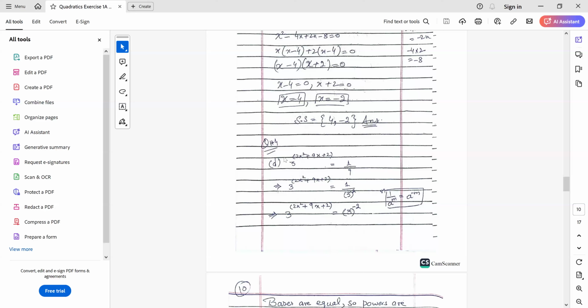Okay, here we first applied this rule of exponents, which you may have studied in your O levels.